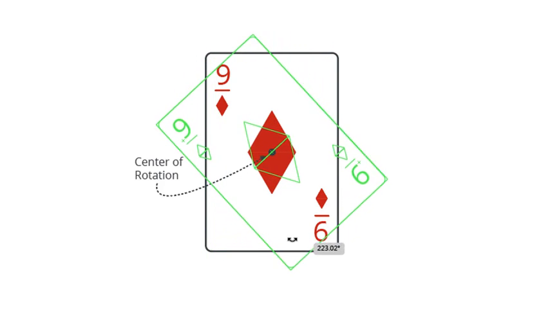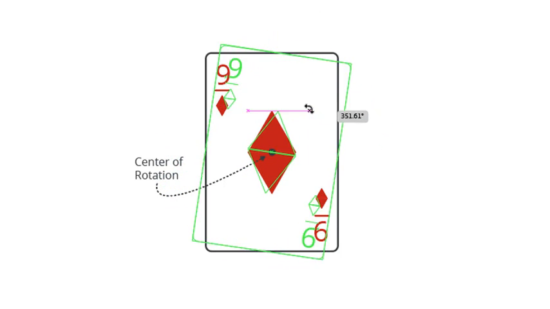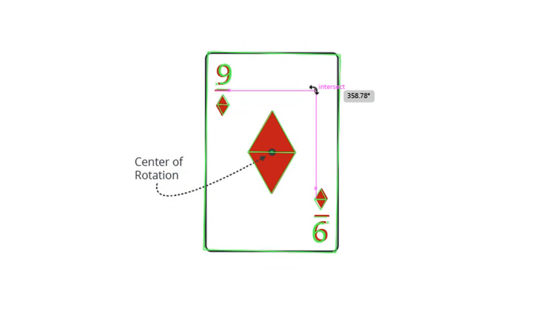If I keep on going, and I get really close to 360, I notice I get to almost exactly where I started. So what we just found was that there were two rotations where the figure landed on top of itself before I got to 360.